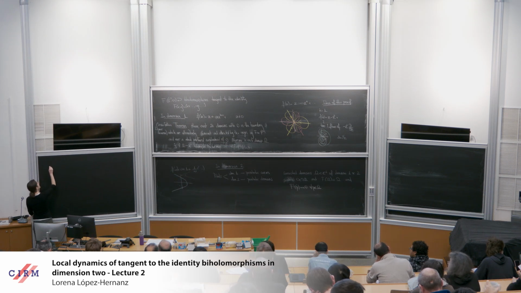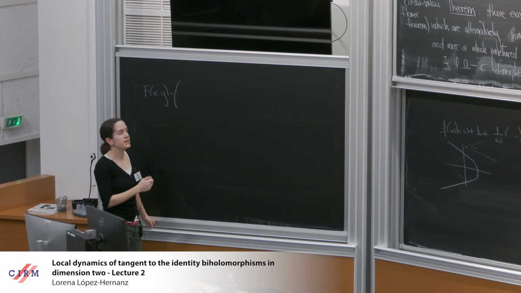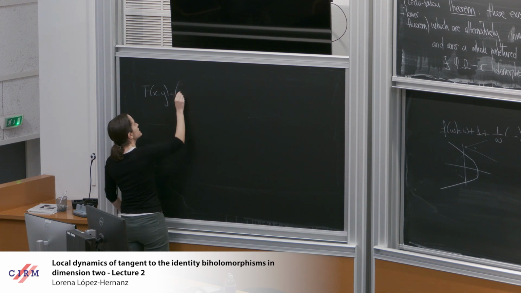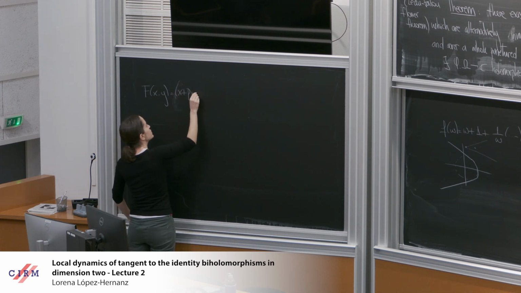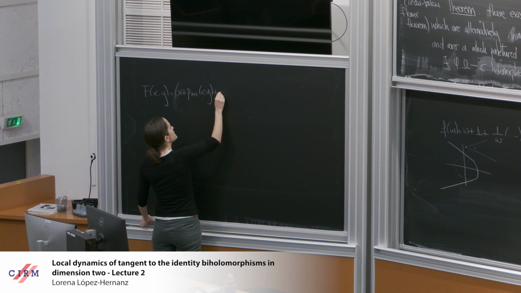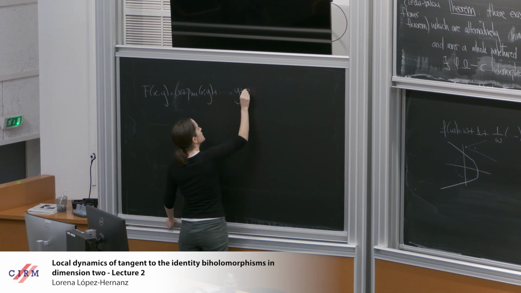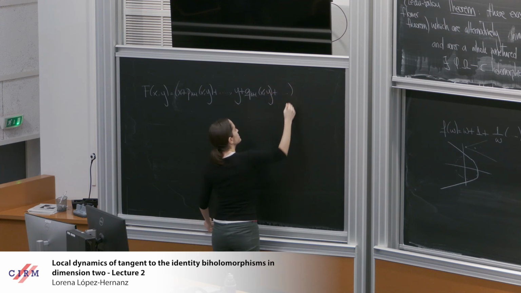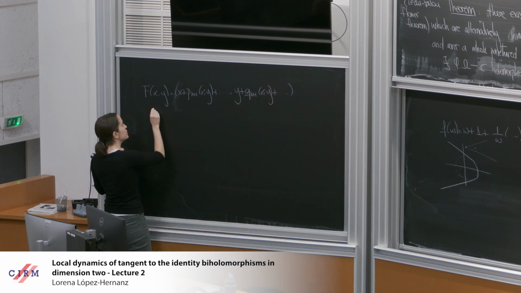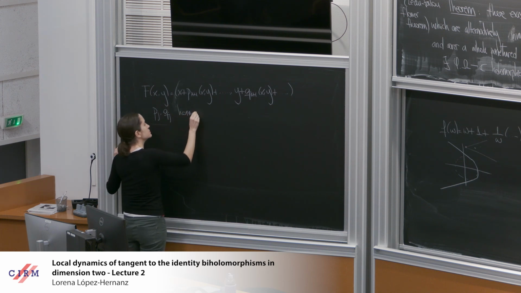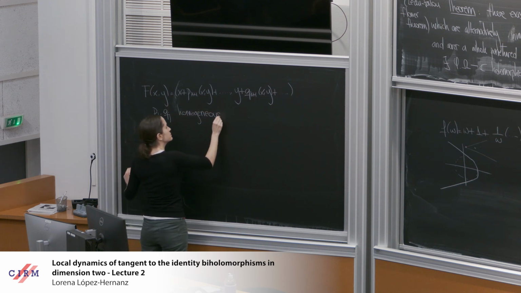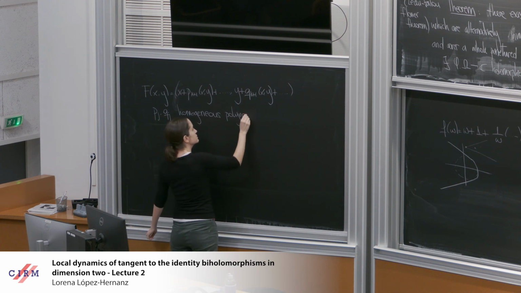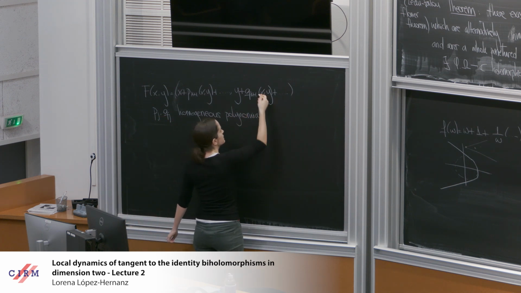So assume we have F. We can write it as a sum of homogeneous polynomials: x plus pk plus 1 of xy plus higher order terms, y plus qk plus 1 of xy plus higher order terms, where these are homogeneous polynomials. And this is non-zero.